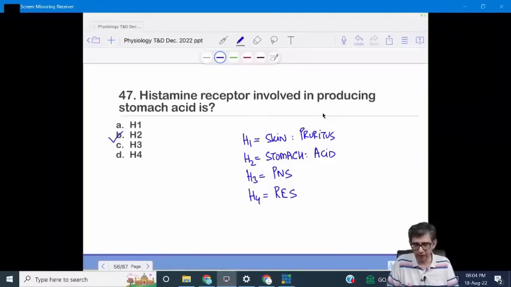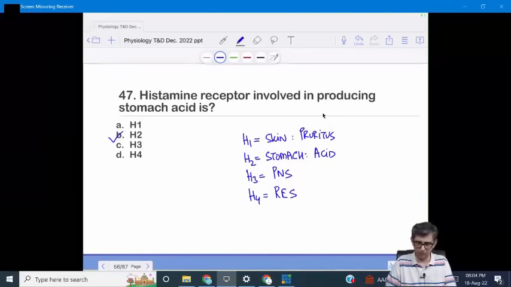H4 receptors would be mainly found in the RES, like bone marrow, thymus, that's where they could be located. Answer to 47 is option number beta.